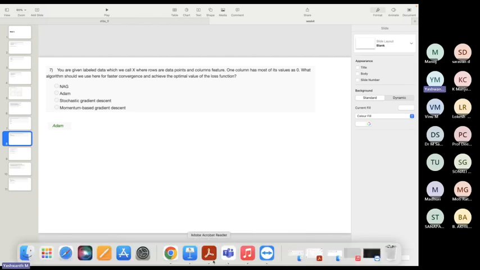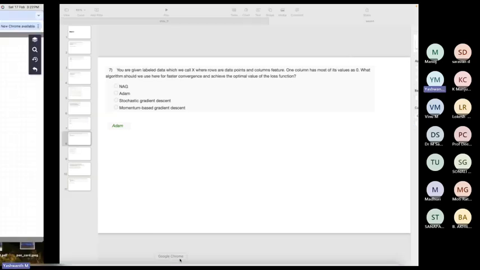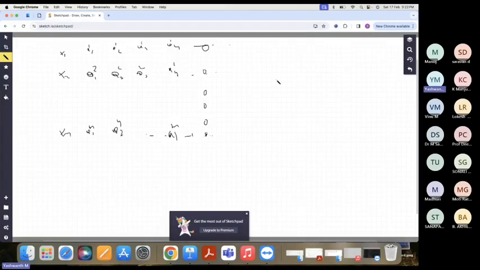So basically, let me give some more detail. If you are given a set of x and a set of y, and you want to fit, your loss function of w is the norm of xw minus y, right?